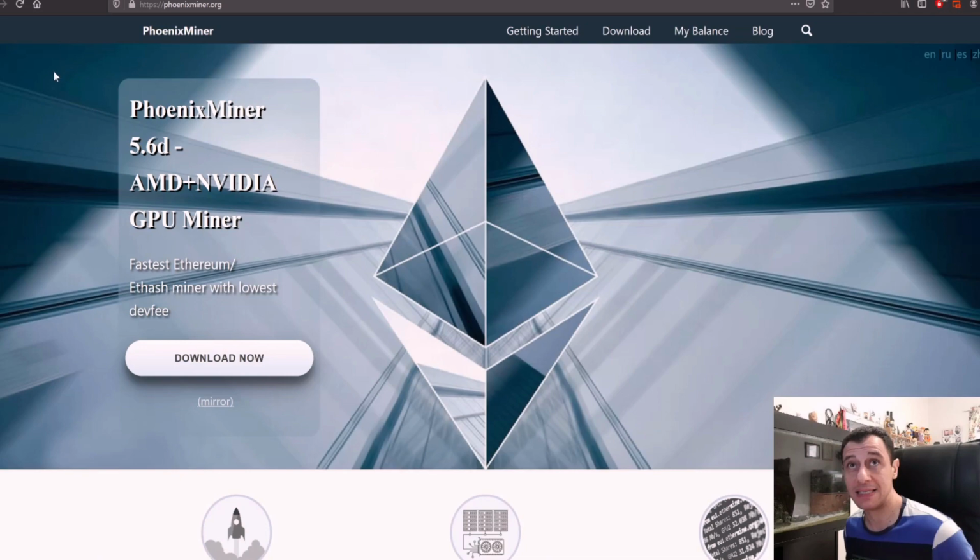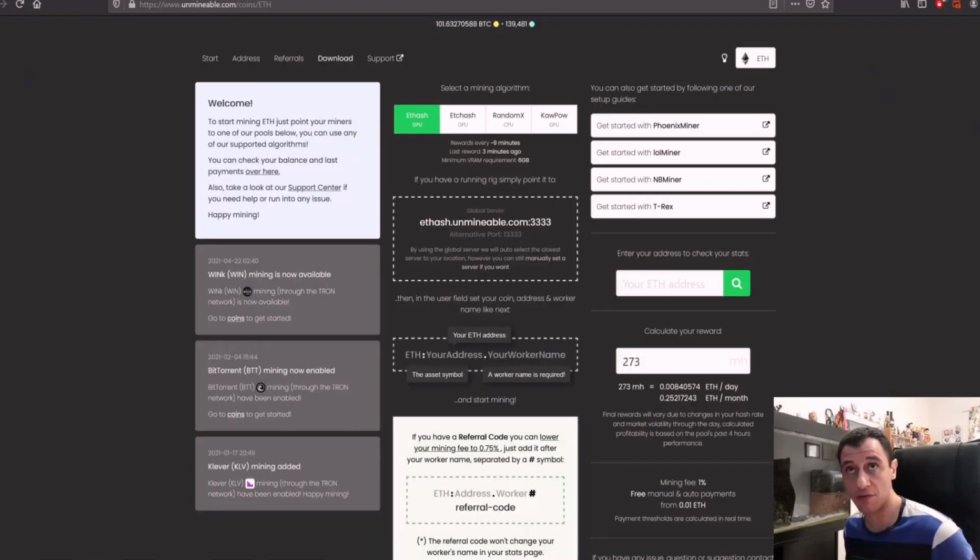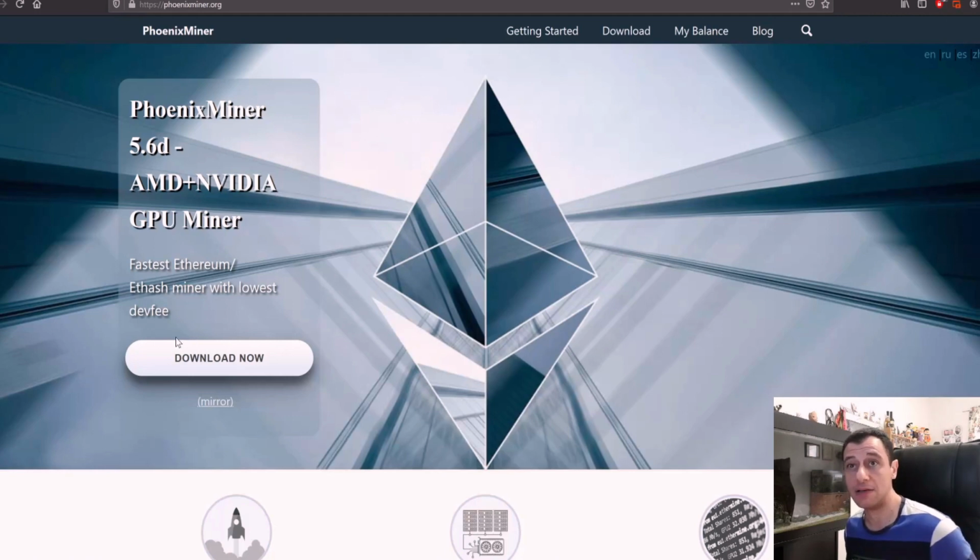So in this case, that would be 0.75 from unMineable if I use the referral code, plus 0.65%, which is 1.4%. If you're going to use Phoenix miner, that is. If you're going to use T-Rex, you might get a slightly higher hash rate, but the dev fee is also slightly higher as well.